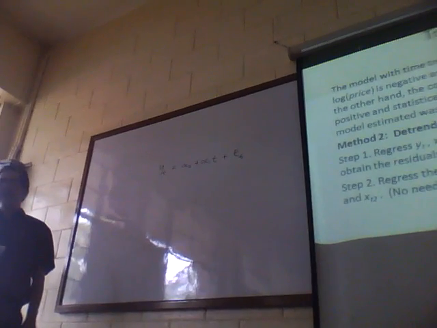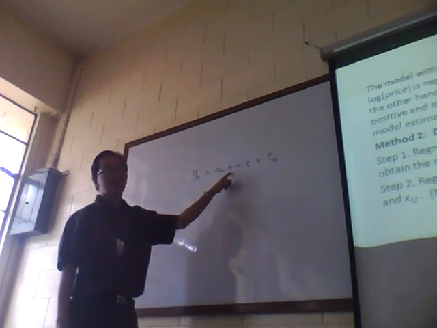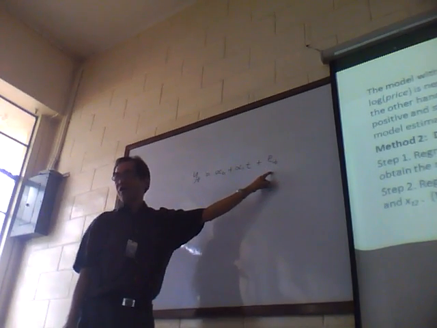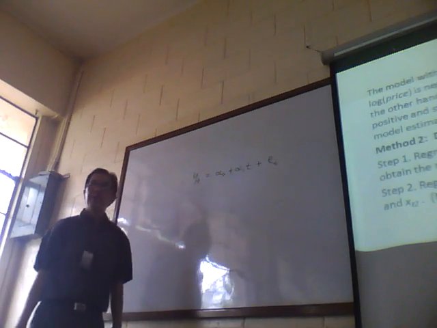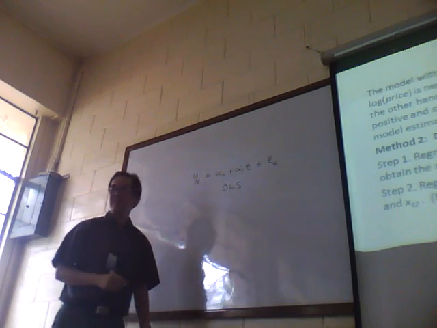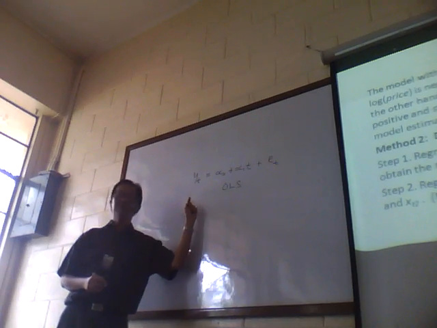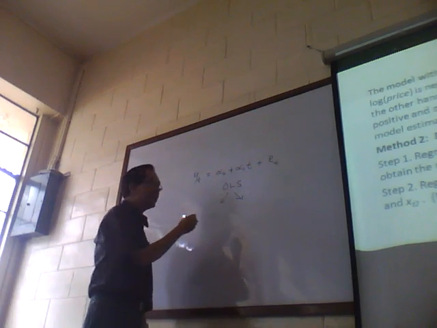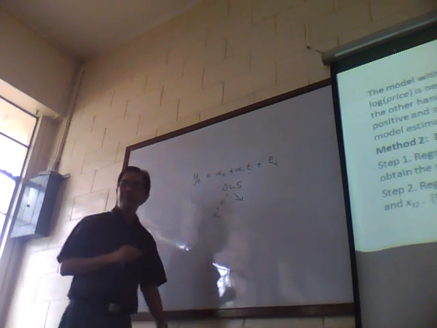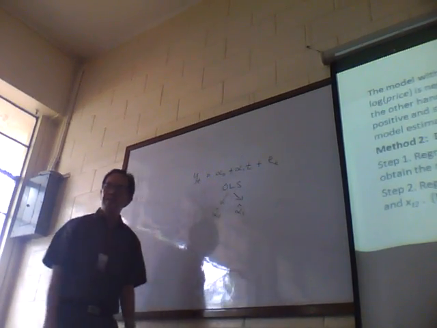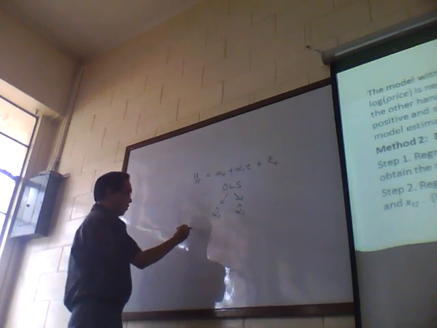I will regress y sub t on time. So I have two constants, alpha 0 and alpha 1. Alpha 1, the slope, is multiplied by time, and then I have an error term. Now, once you run OLS on this simple regression model, what will you get? You'll get an estimate of alpha 0 and an estimate of alpha 1.